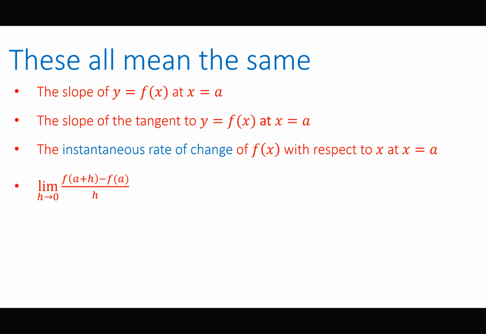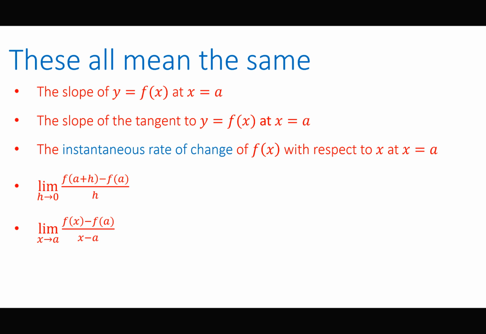The formula, using limits as h approaches 0, of f of a plus h minus f of a, all divided by h. This means the exact same thing, but you can see it written this way. And I think in the MyMathLab assignment, they say use the alternate form. This is what they mean by the alternate form. Now it's f of x minus f of a, but it's my limit as x approaches a of x minus a.